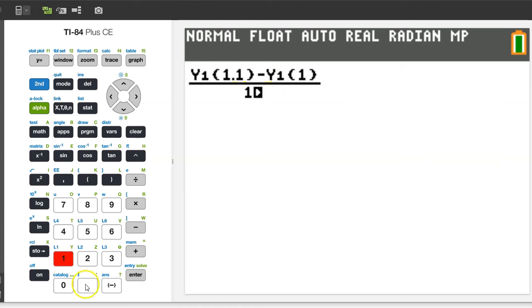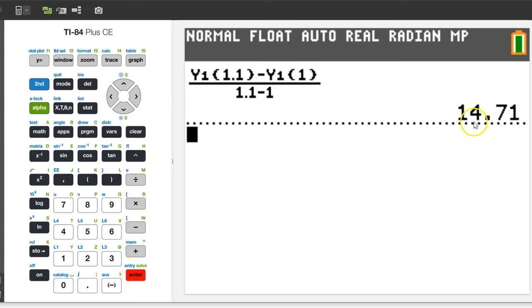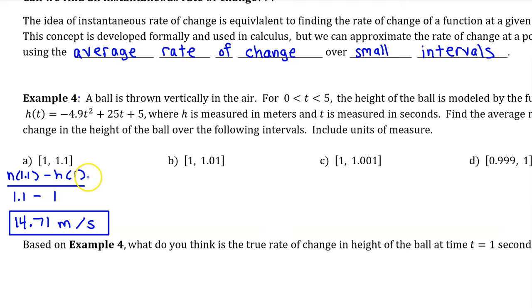So divided by 1.1 minus 1. So this is the average rate of change for part A, 14.71. Don't forget the units. Since the height h is measured in meters and the time is measured in seconds, we have 14.71 meters per second.